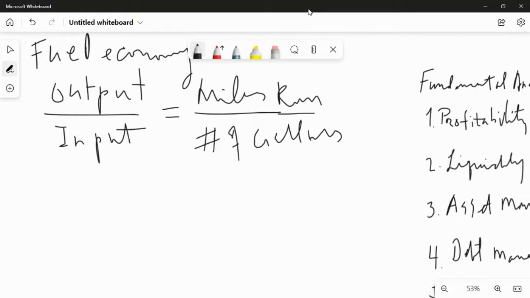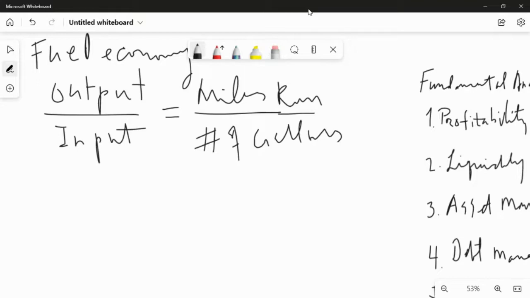Driving in the city, it goes down to like 30 miles per gallon, but that's still great. I used to have a big 8-cylinder, 5-liter car, and I could get only about 20 miles per gallon on the highway, and 12 in the city. So 30 in the city is wonderful.